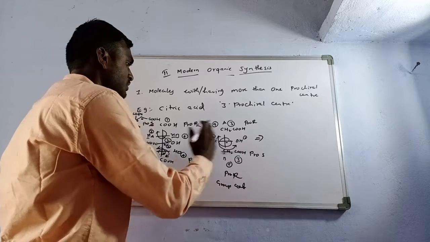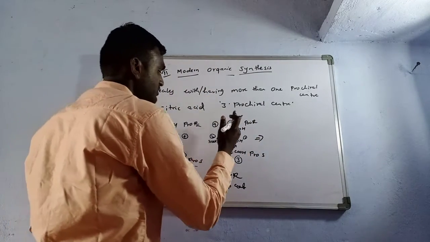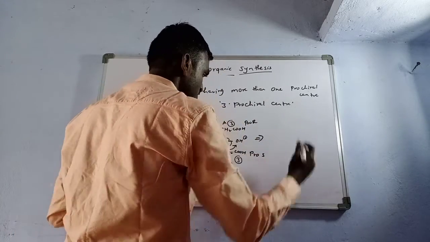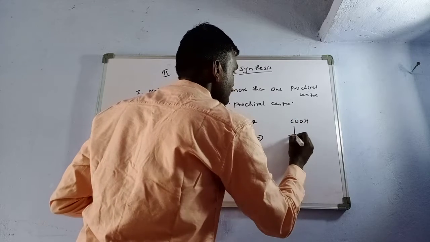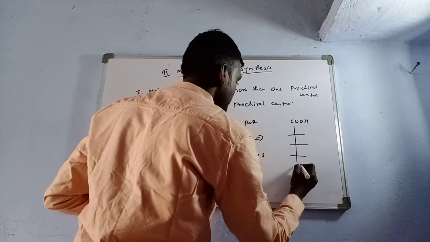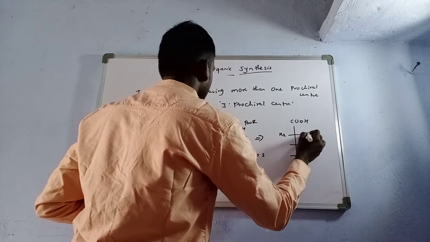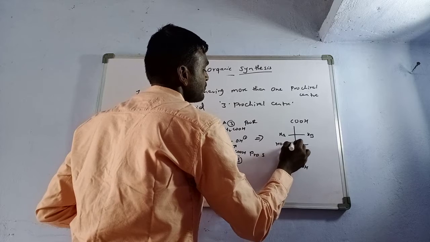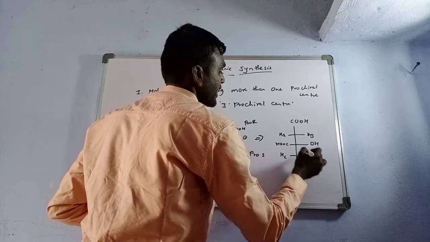Next, concluding both, we write the ligand configuration as well as the group configuration in a single molecule. It will be like this: COOH, and 2, 3, it will be 3, right? Here HA, HB, and this is the COOH group, and this is the OH group, and this is the HC, and this is the HD.